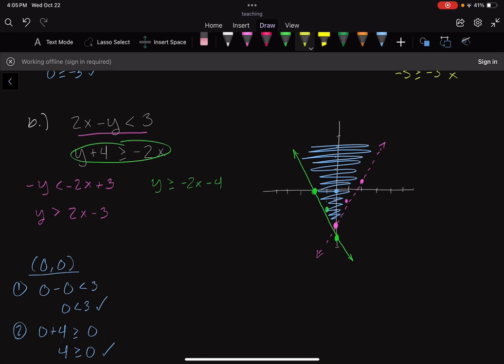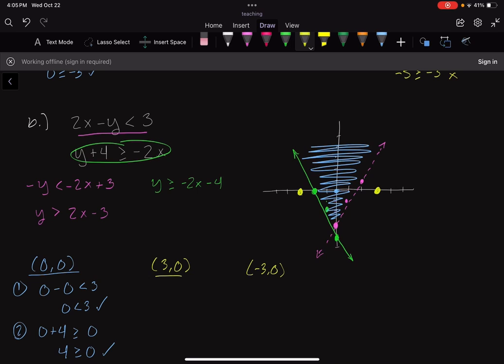So maybe for other points, I would do maybe 3, 0. Maybe this one over here, which would be, can't read where my line is. It'd be negative 3, 0.